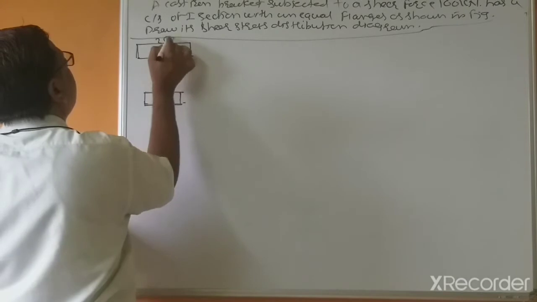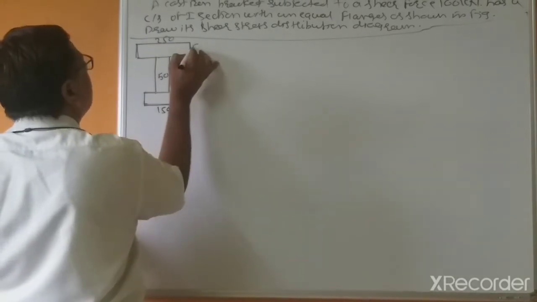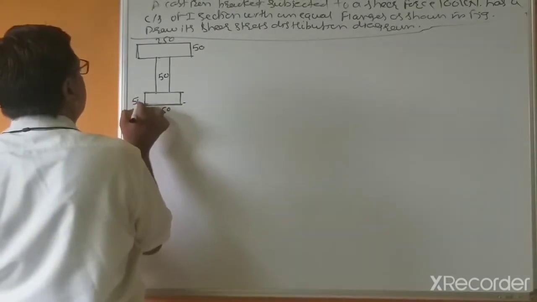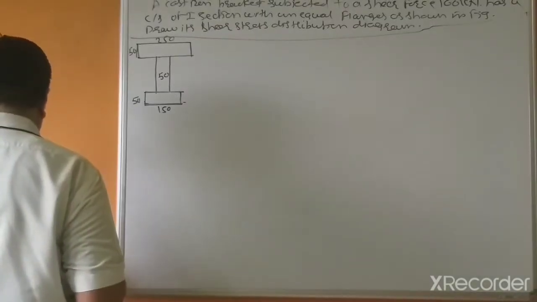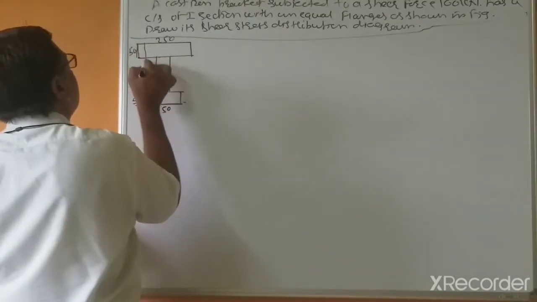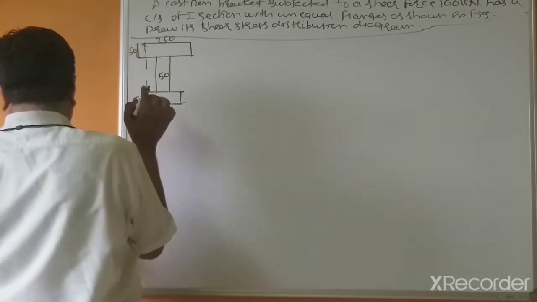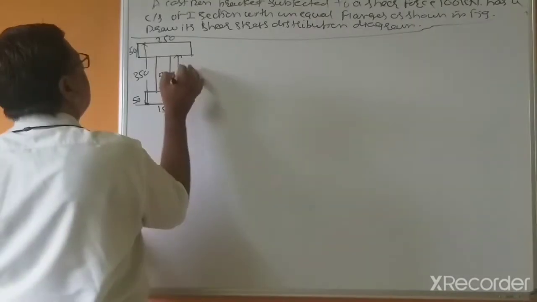This is 150, this is 250, this is 50, this is 50, this is 50. And this is total 350. So that's why this is 250.